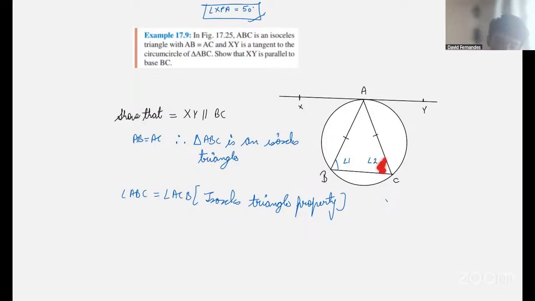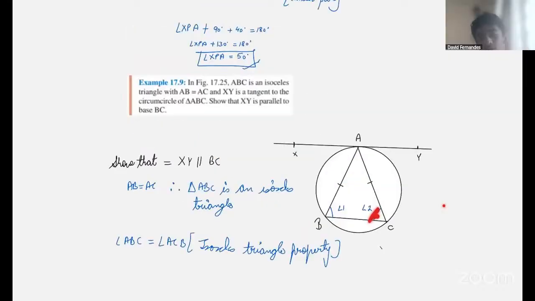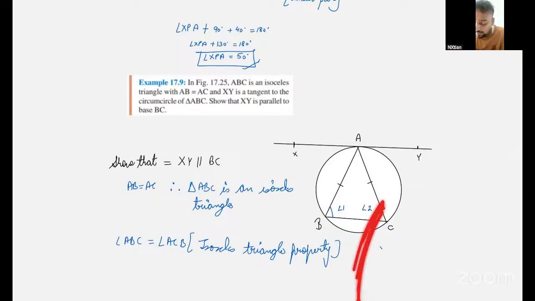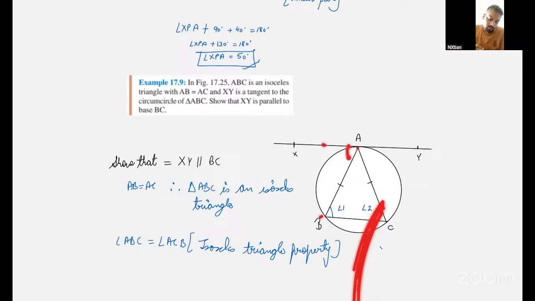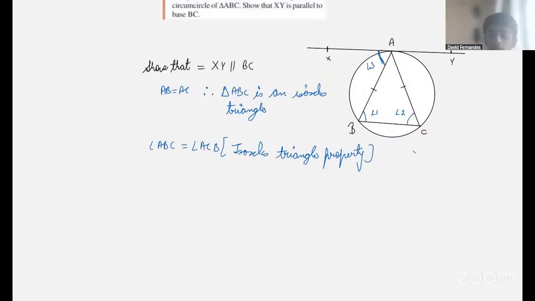Angle 1, sir. Yeah, that is correct. Another angle? No, sir, I don't know. I know, alternate segment theorem. Yeah, so it would be equal to BAX. Good. So this angle is equal to this angle, which is angle 3, because of the alternate segment theorem. Everyone got it? Yes, sir.